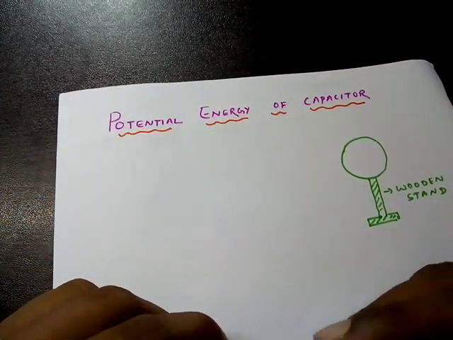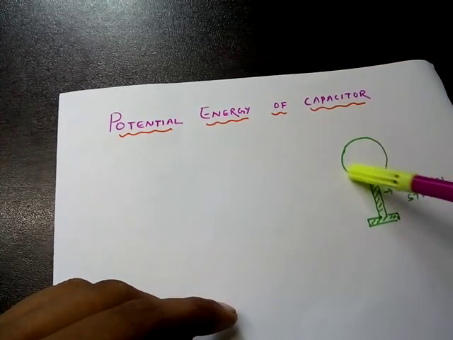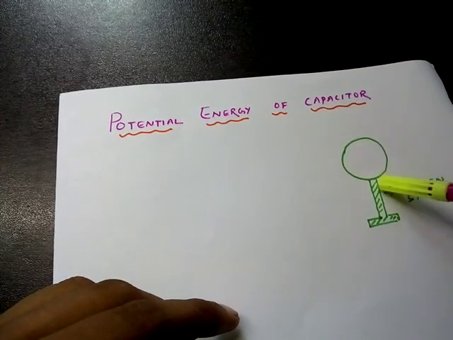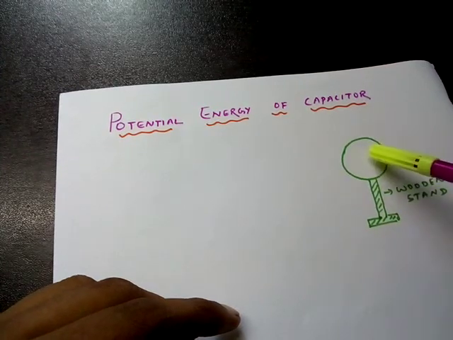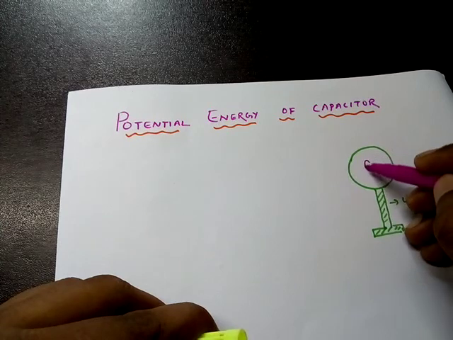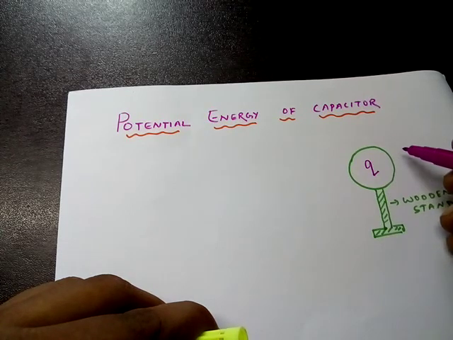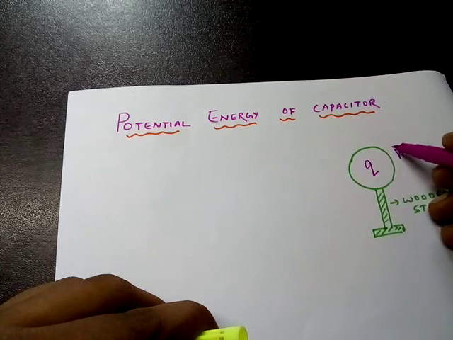Actually, whenever we supply any charge to any body, any conductor, let us suppose this is a conductor standing on a wooden stand. Now if I am giving a charge q, its potential also rises. Say its potential rises by v.